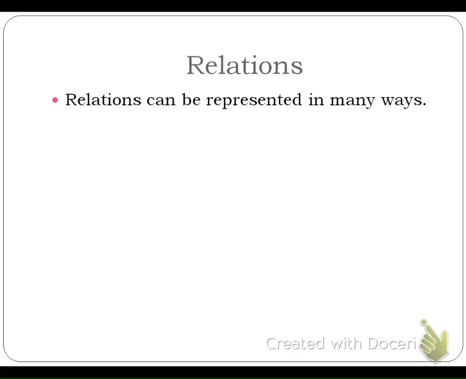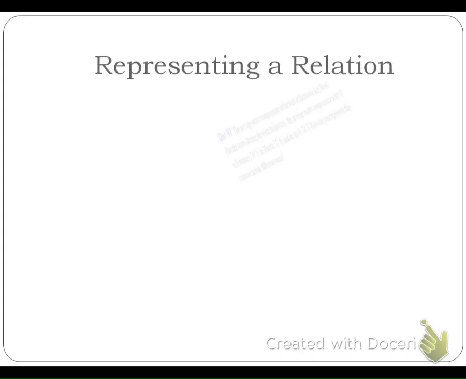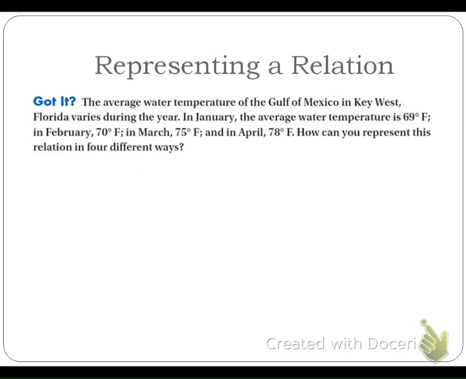Relations can be represented in different ways, such as a table, ordered pairs like we had in the previous example, words, a mapping diagram, or graph. Here's an example of a relation.